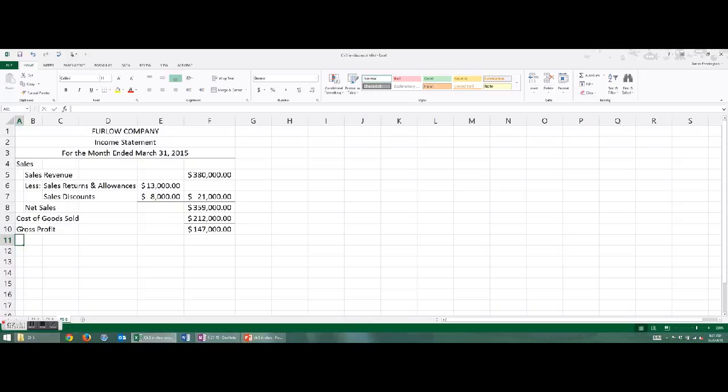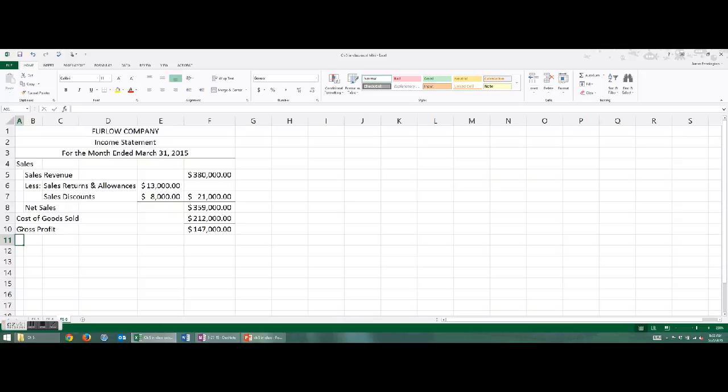Another way to think about gross profit is that it is the amount left over after you have paid for the inventory sold, to cover operational expenses and to provide for net income. So if gross profit is bigger than total operational expenses, you've got income. If gross profit is smaller, you've got a net loss. All right?